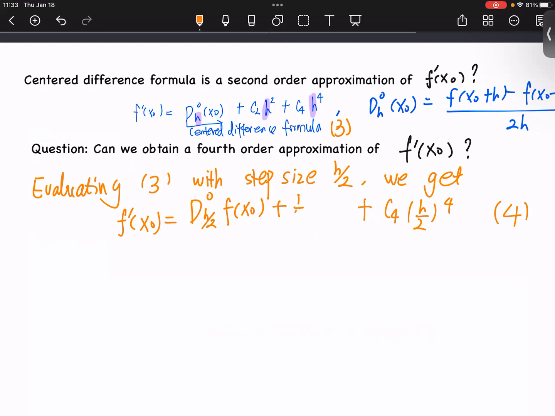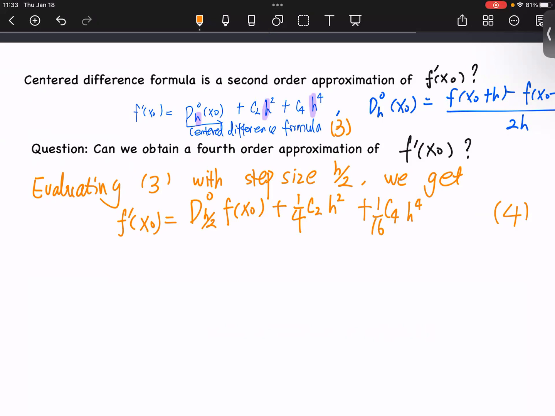I'm going to simplify the fractions here. And we have C2, we still have C2h squared. And also, if we take (1/2) to the order of 4, we get 1/16. And then this one should be 1/16.